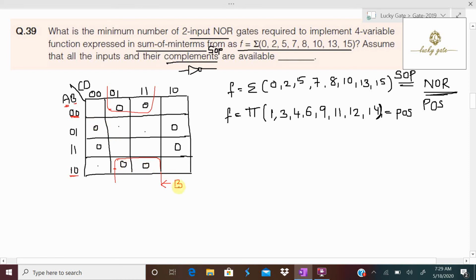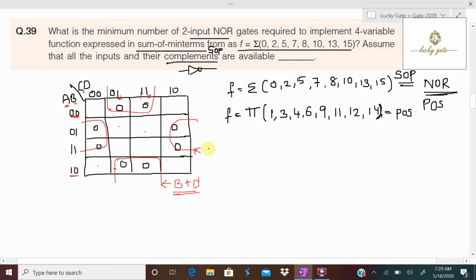Zeros are represented in uncomplemented form, and 1 in complemented form. Keep that point in mind. Again, what is common? These two columns. Variable C differs between 0 and 1, and variable D has 1, 1 common. 1 is represented in complemented form, so the Boolean expression B plus D dash is represented by this quad.